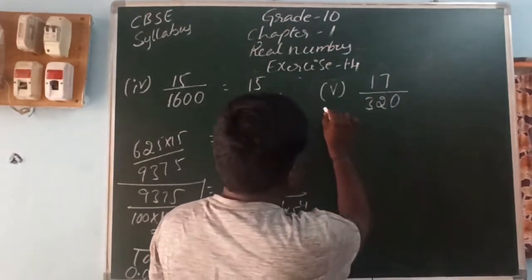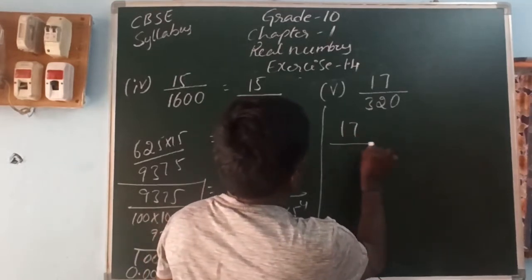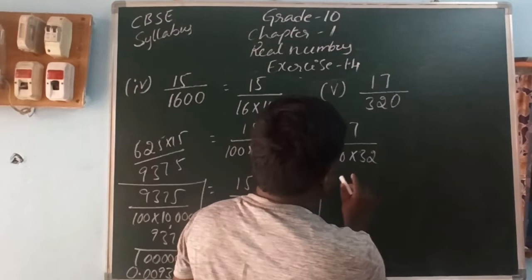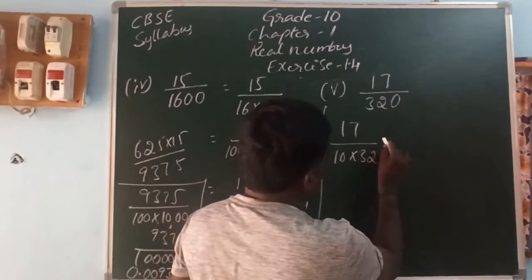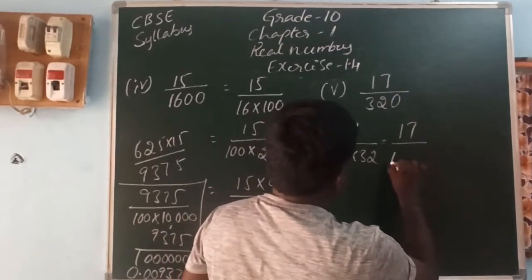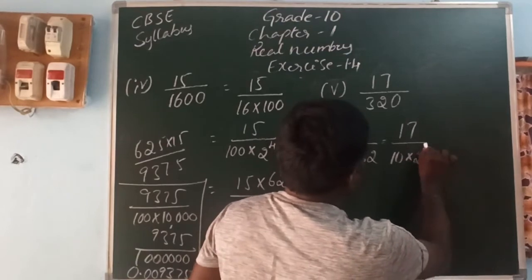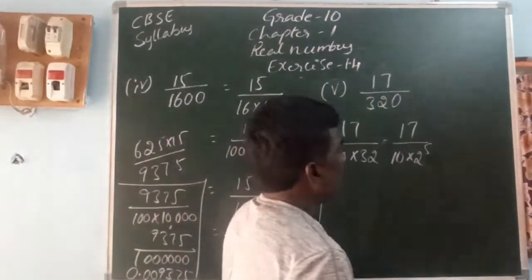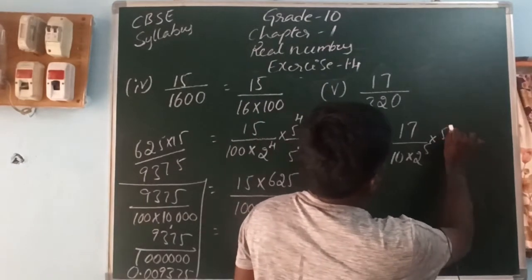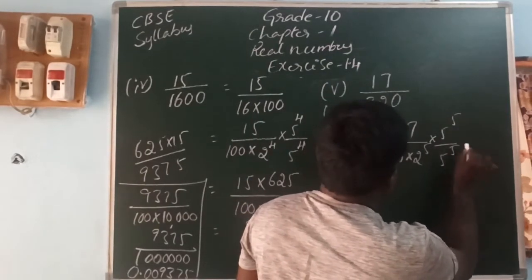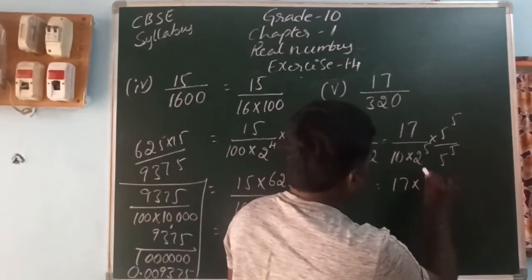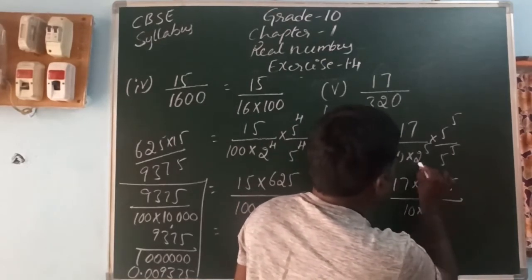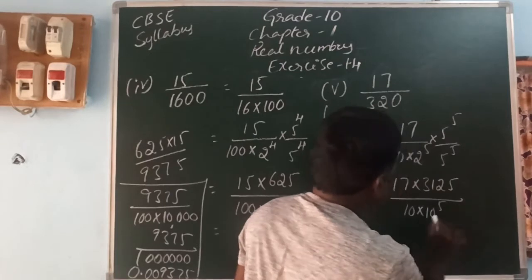Next, 17 by 320. We can write 17 by 320 as 17 by 10 into 32. Writing in prime factorization, that is 17 by 10 into 2 power 5. The 2 power 5 is multiplied by 5 power 5 to become a power of 10. So 17 into 5 power 5, that is 3125, by 10 into 2 power 5 into 5 power 5, that is 10 power 5.